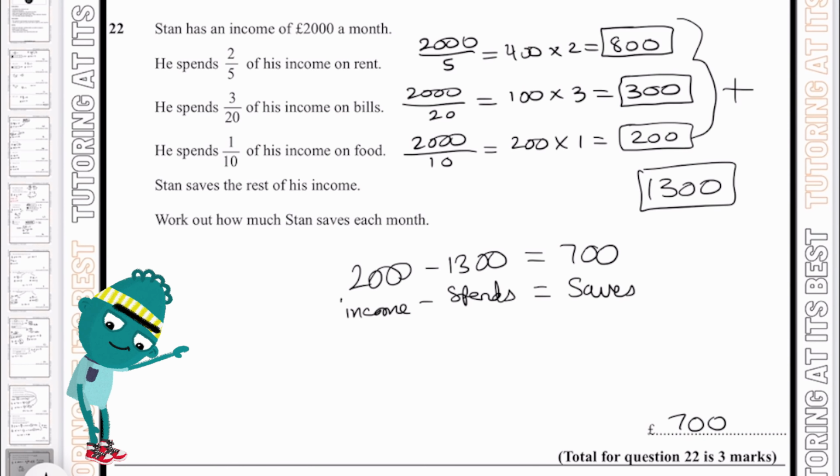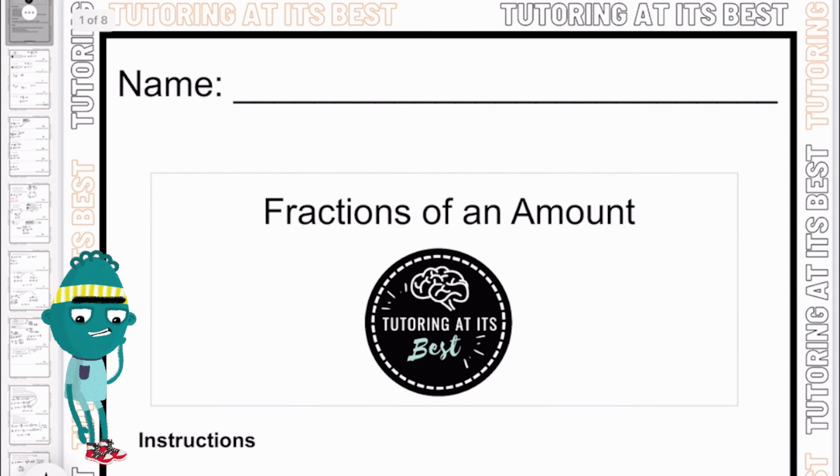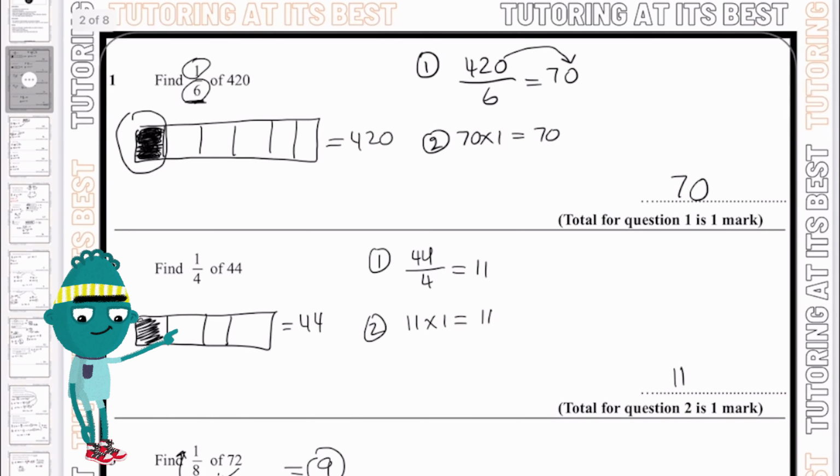And that concludes our video. I hope those set of questions were clear. We've now gone through the topic of fractions of an amount, where we've touched on a number of different questions ranging from finding 1/6 or 1/4 of a number.